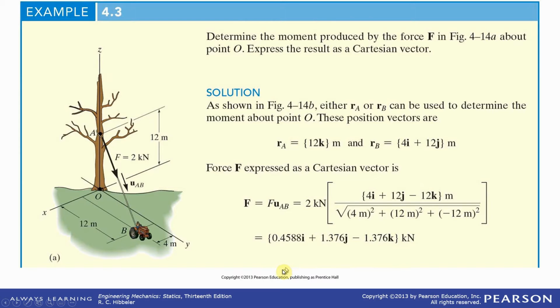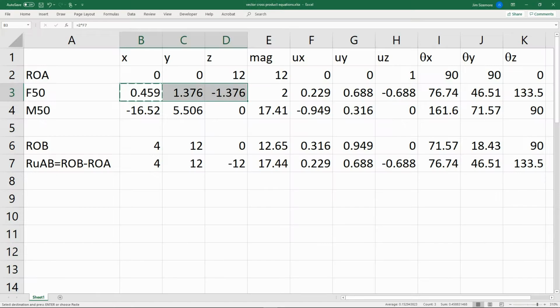So you have a lever arm, which is from O to A, which is 12 meters I hat, or excuse me, 12 meters K hat, z-axis. And then express force in terms of its XYZ components. So for that, we'll need UAB. So I'll go to my Excel spreadsheet and show you guys in just a second. Pause the video.